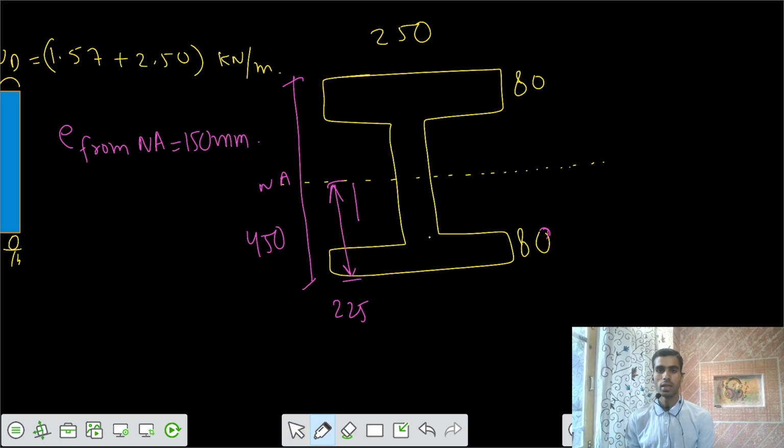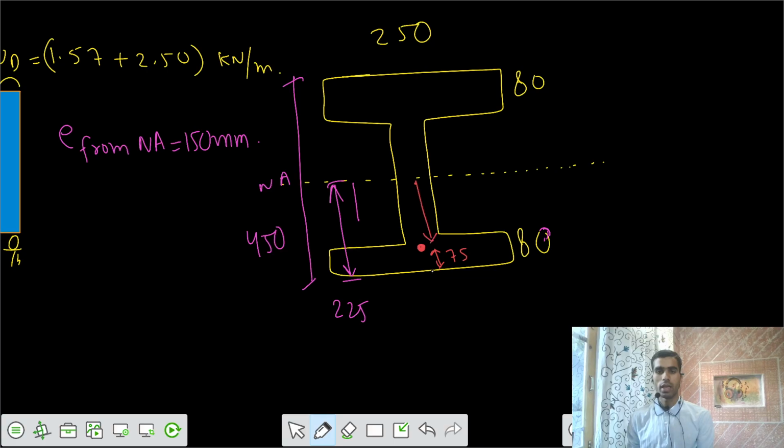And if this is 80, where is the location of that 150? So I would say 225 minus 150. So it's 75 from the bottom. From the bottom it is at some location somewhere here, at 75.